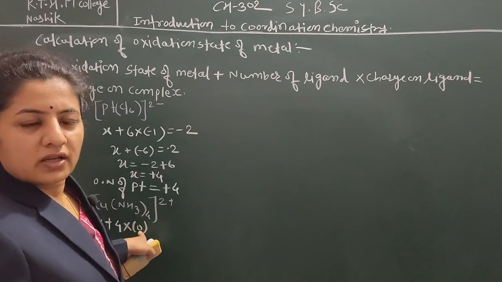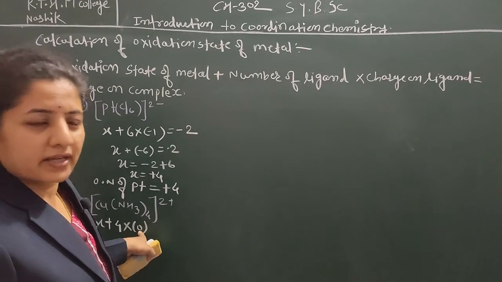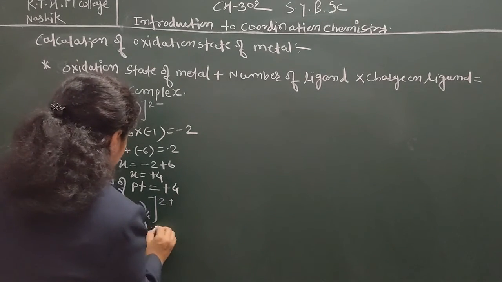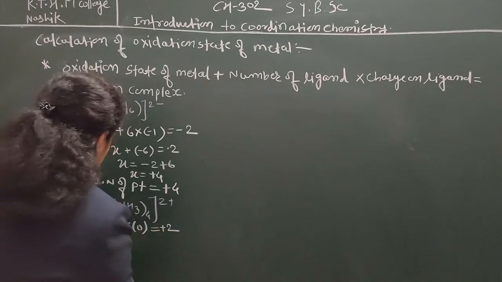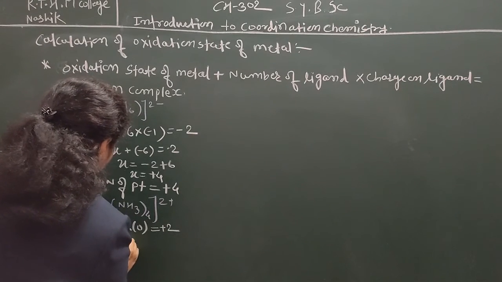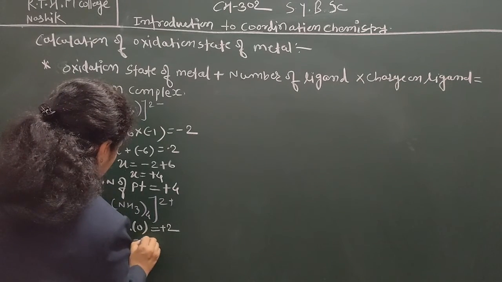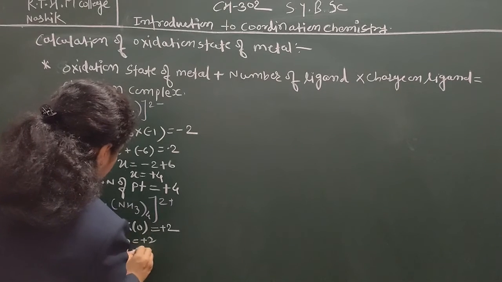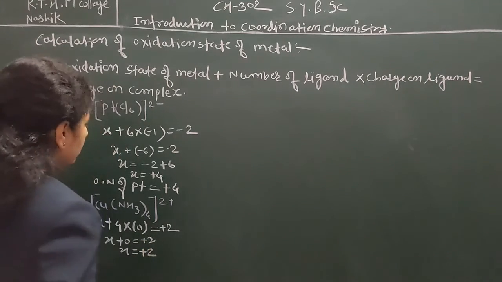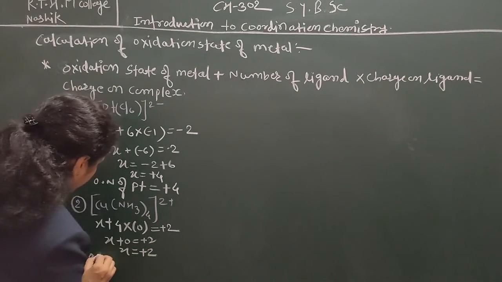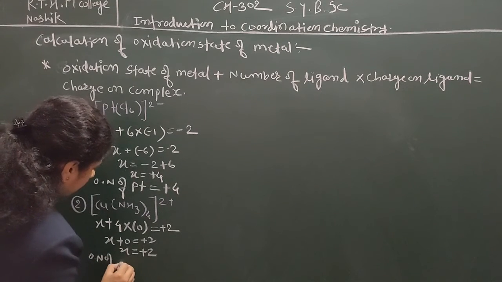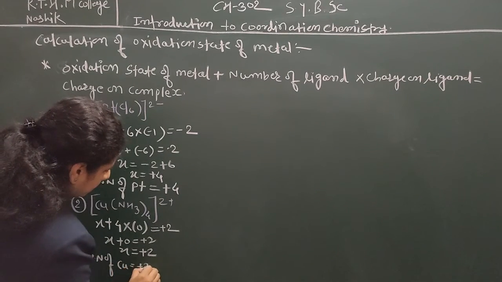The charge on ammonia is 0 because ammonia is a neutral ligand, is equal to plus 2. Plus 2 is the charge on the complex ion, so X is equal to plus 2. So the oxidation number of copper is plus 2.